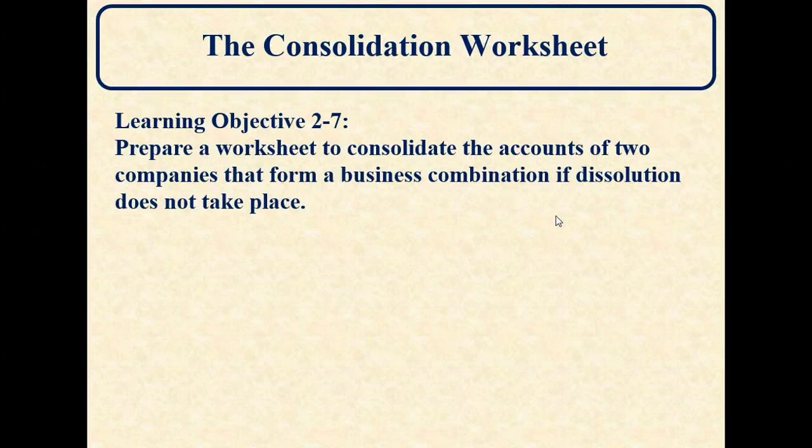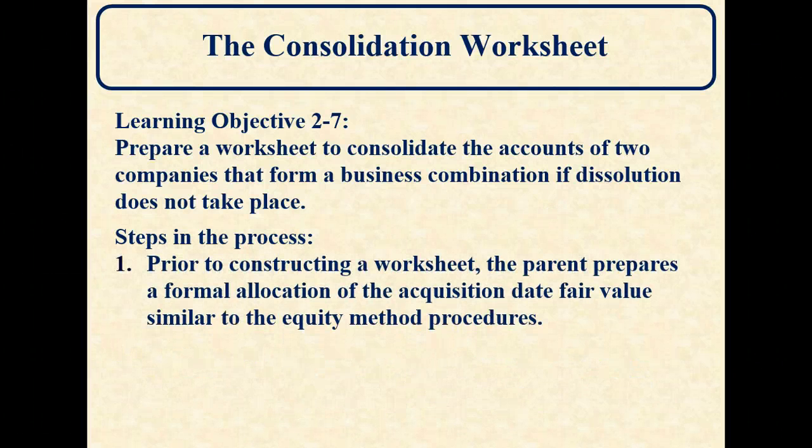Okay. Now, how do we do this? You know those lovely worksheets we're familiar with since Accounting 1, Principles 1? Just a little bit more complicated of a worksheet we're going to use to consolidate these. How does the process happen?